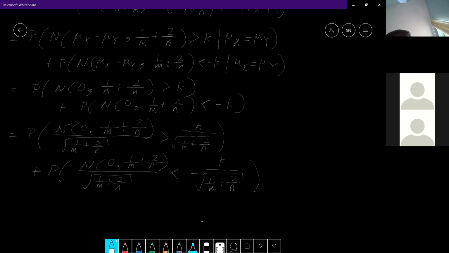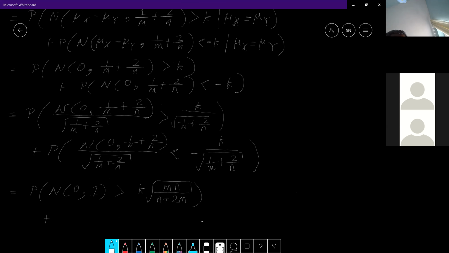So what you get is a standard normal N(0,1) greater than k times the factor, okay, and then plus the probability that a standard normal is less than minus k times the factor.